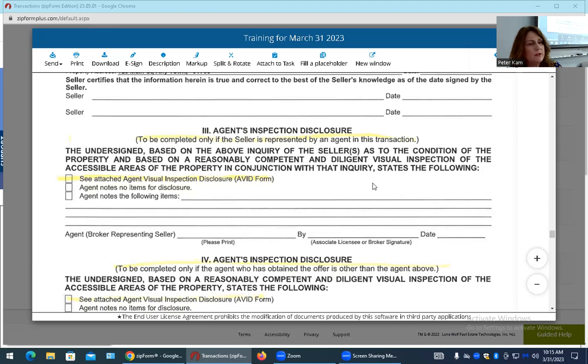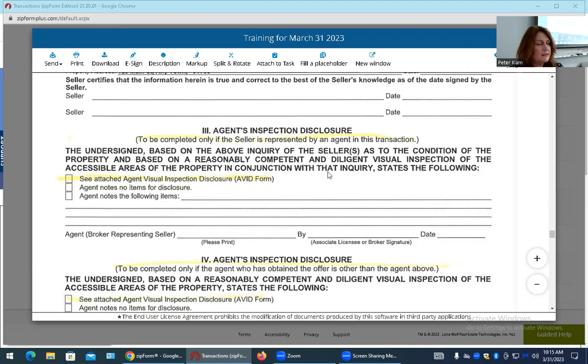And if you delivered it late, but you had already delivered the TDS, but it said it was attached and it wasn't, they still will get a rescission right because you didn't complete the form based on your check marks here.